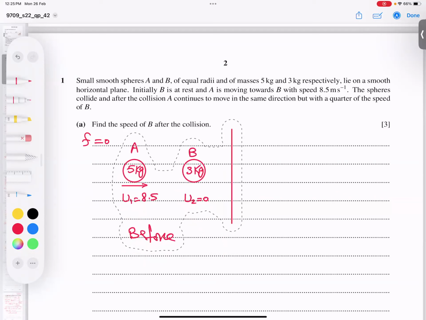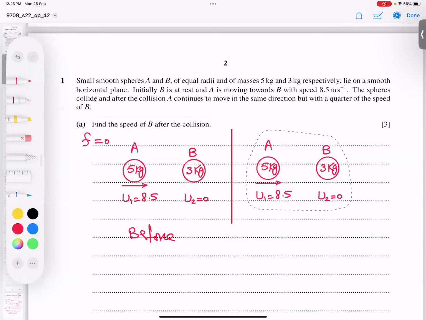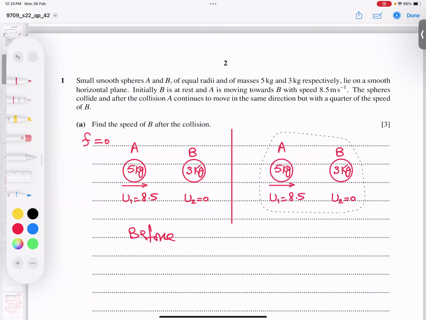After collision, what condition do we have? I will take this part only. Diagram is very, very important; the chance of mistake reduces this way. The spheres collide, so here it is after collision.